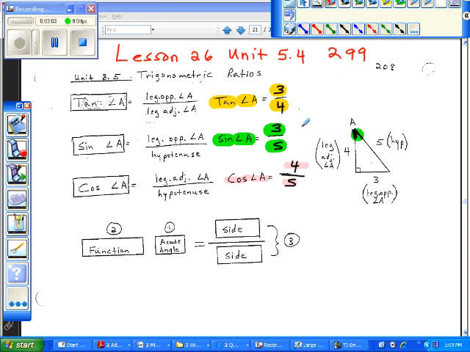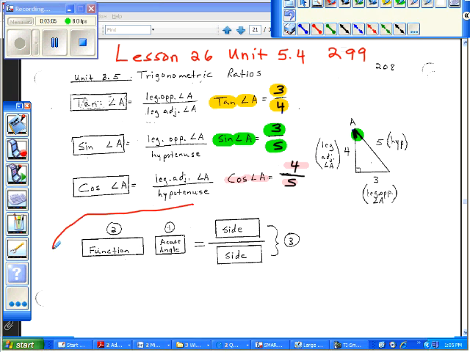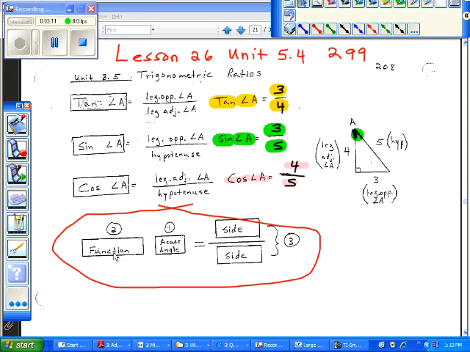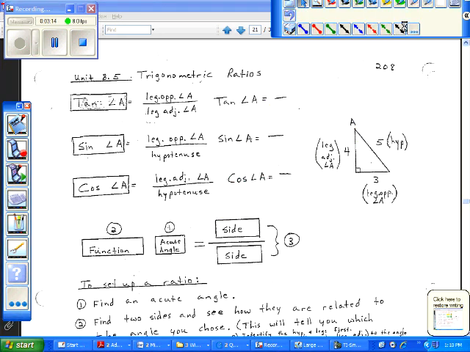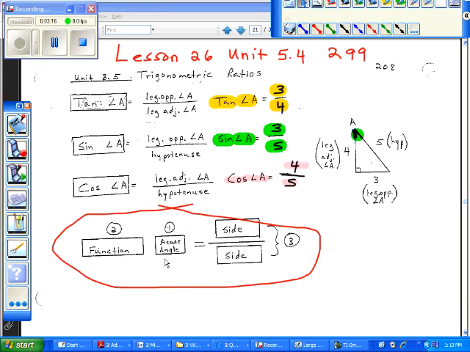And so we're trying to get it in your mind that every time we write a trigonometric ratio, we're going to have some function of some acute angle is equal to one side over another.